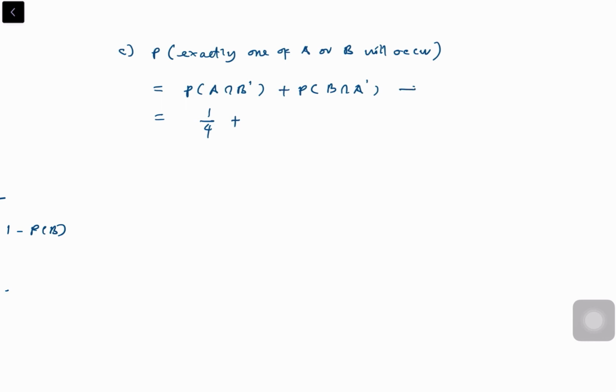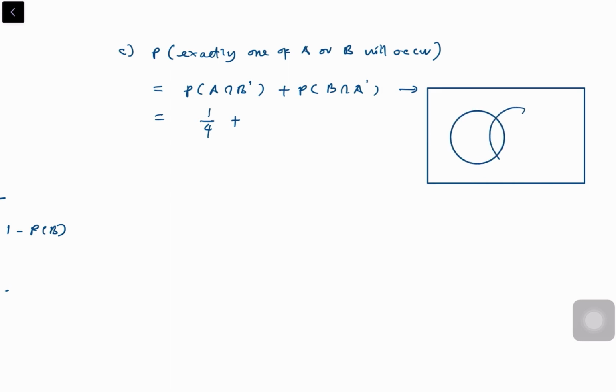For this one we have to use a Venn diagram, just like we did for A intersect B complement. Using this Venn diagram, we have the two events A and B. The region of B intersect A complement, which is the region we're looking for, is this part.